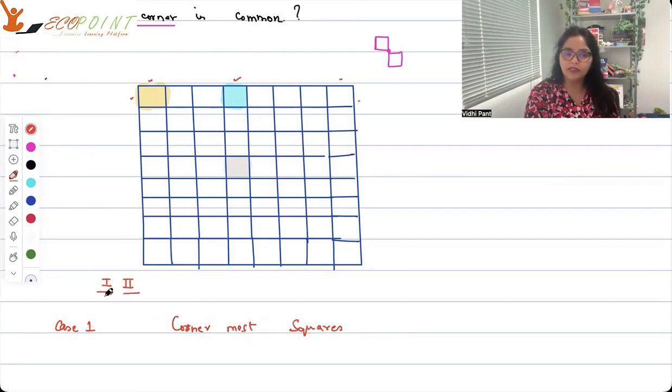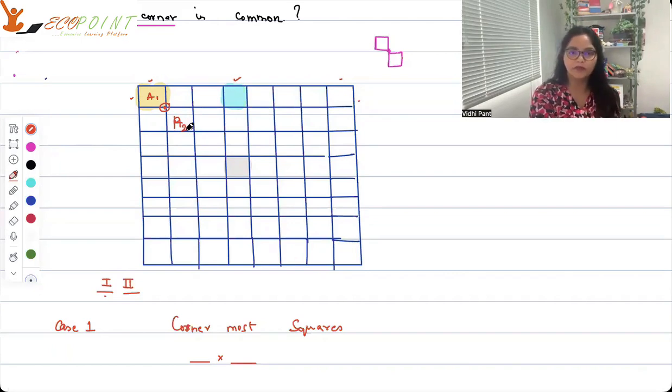If the first square is the cornermost square, the only option available for the second square is this.